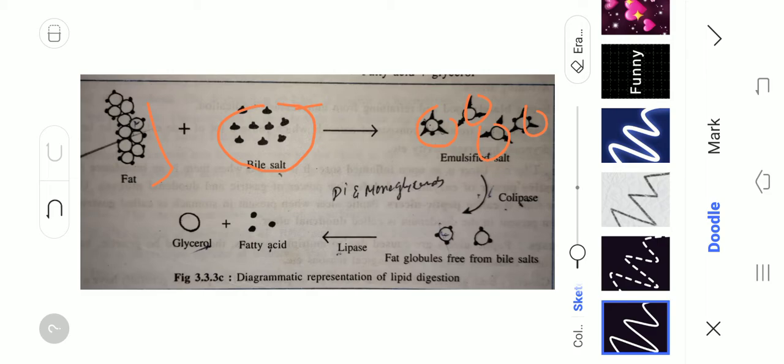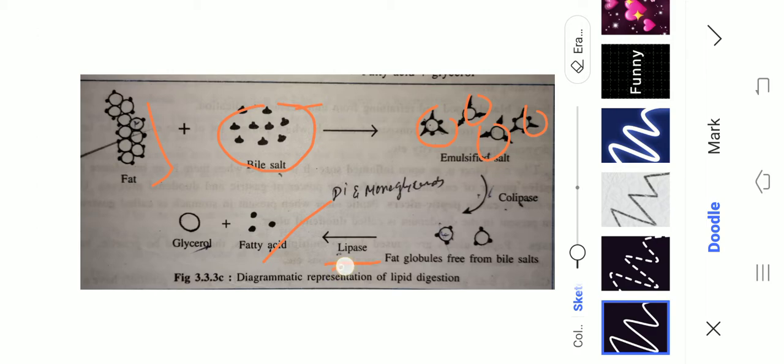Then the colipase enzyme works on the emulsified fat and loosens it. Then what happens after the colipase enzyme? One lipase enzyme is released. Sorry, here the colipase enzyme separates the bile salts and the emulsified fat.